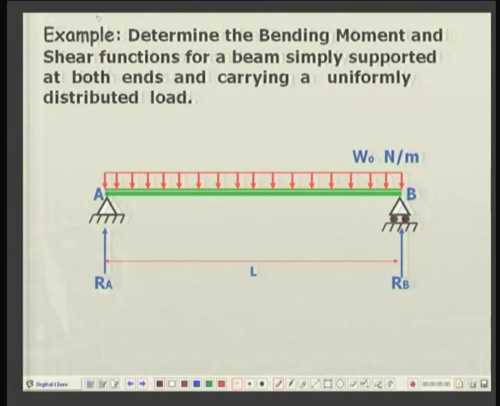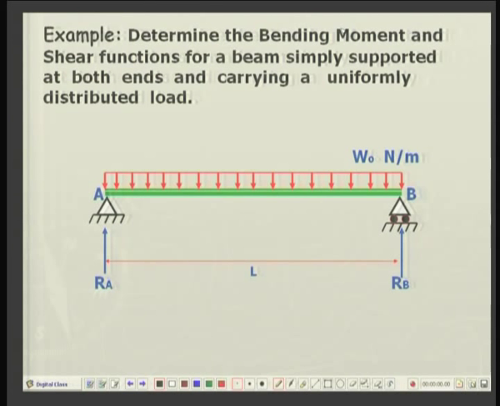So, the total number of reactions which can be solved for is 3 in general, although in this case loading is only vertical. So, there is no horizontal reaction, and the reactions can be determined from 3 equations of equilibrium considering the entire beam as a single free body.